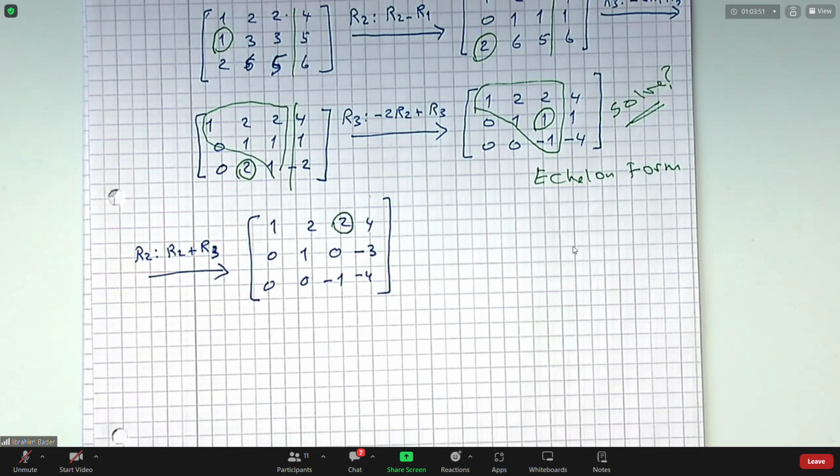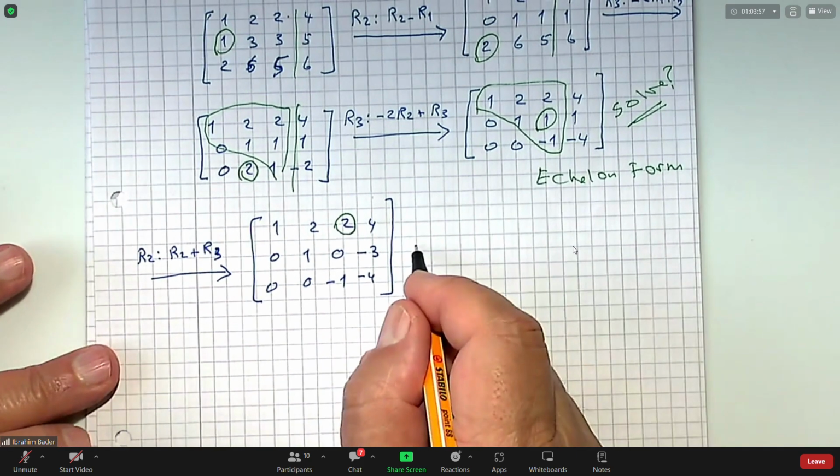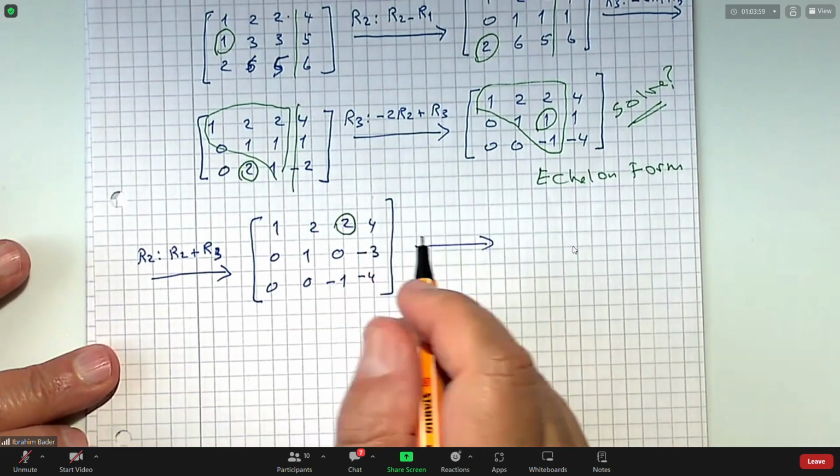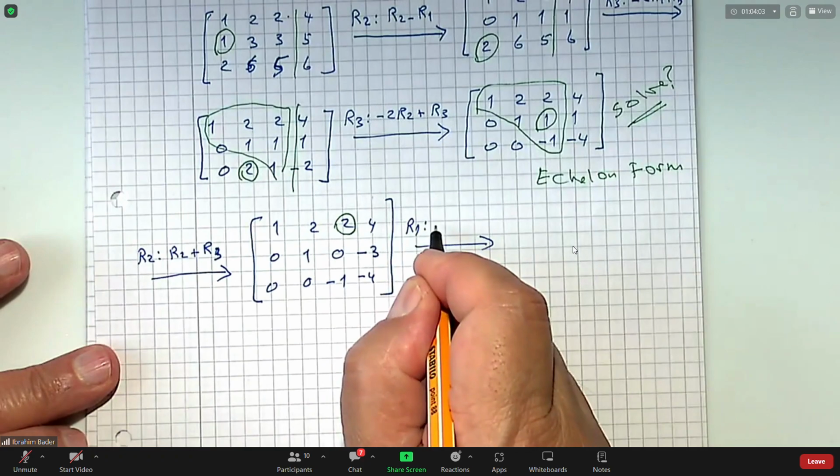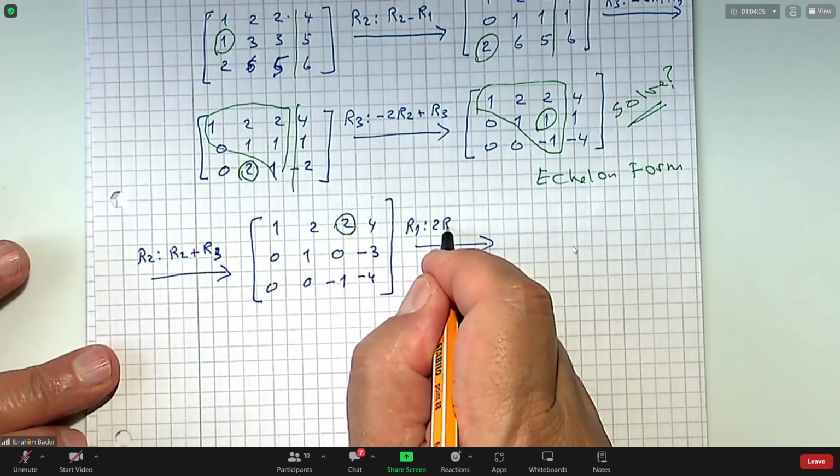To do that, we just multiply the third one with 2. So 2 times negative 1. So here R1 is replaced by R1 plus 2R3.